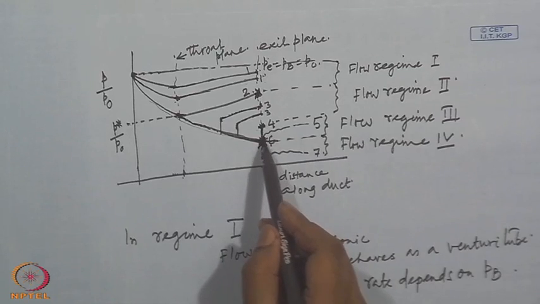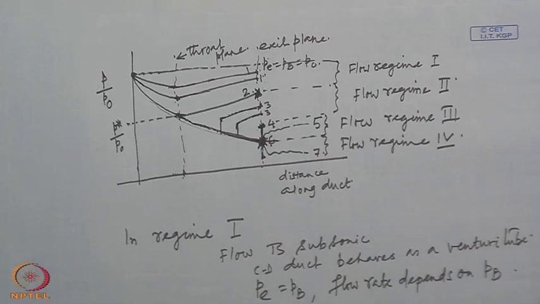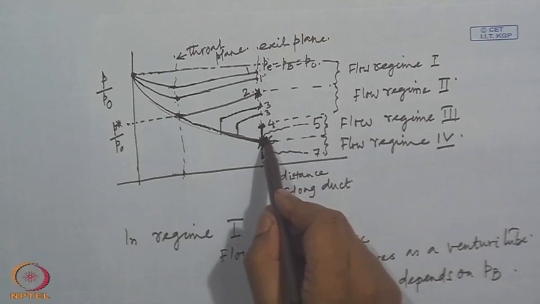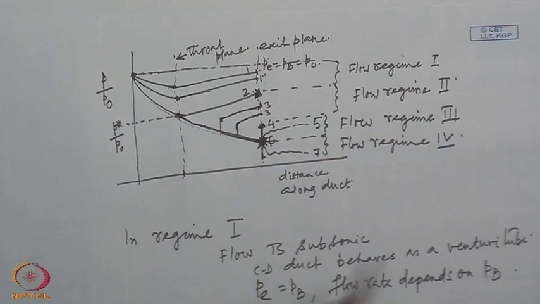So, only for this particular pressure value, this converging diverging duct will work as a fully expanded nozzle for full isentropic expansion of supersonic stream. So, when the back pressure is set at that level of pressure 6, we call the nozzle fully expanded.